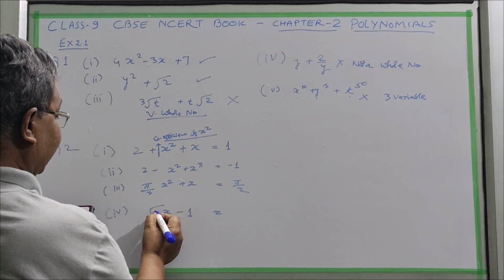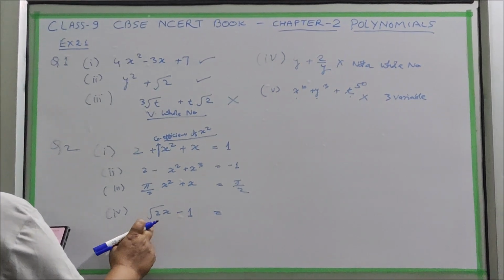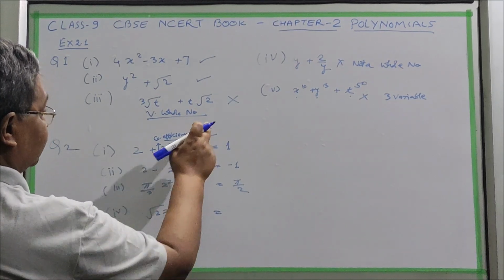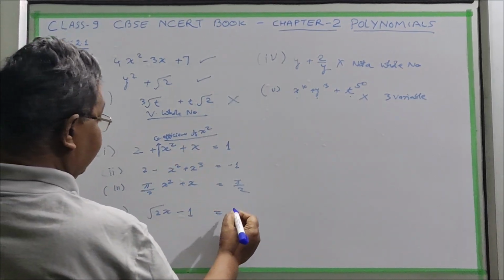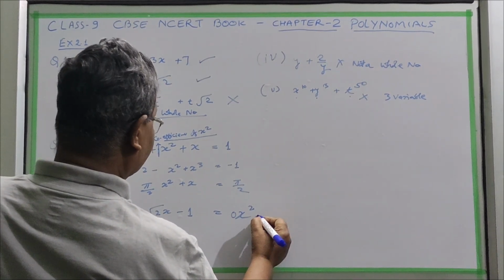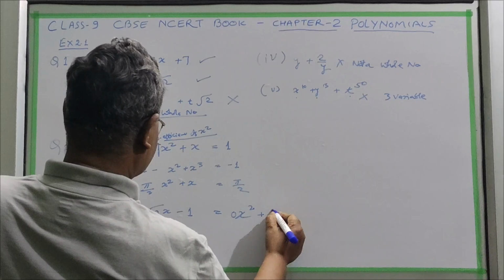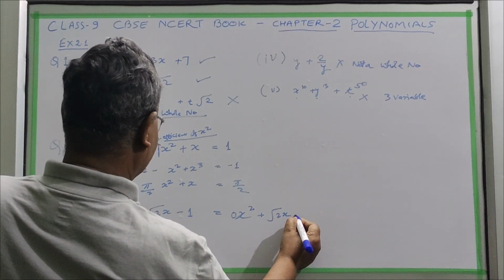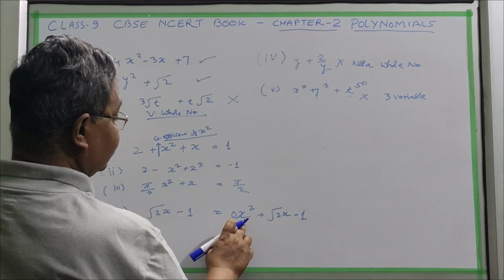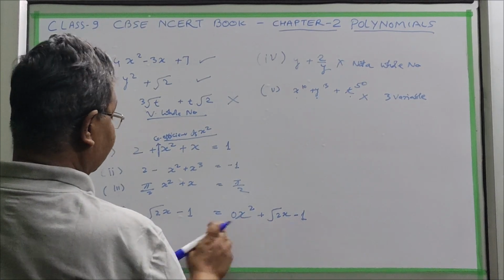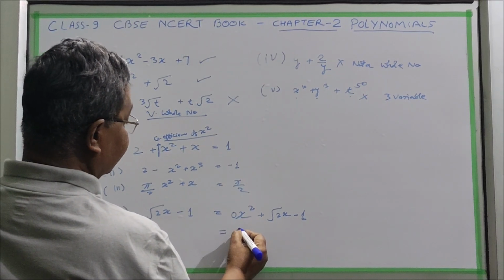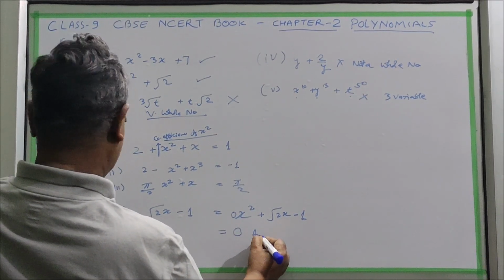So we have to presume something so that its value is not changed, but x² should come. So how should it come? If we take 0x² plus this whole 2x minus 1. This will make the x² term 0 and the value of the expression will not change. So here the x² coefficient is 0. Okay. This will be your answer.